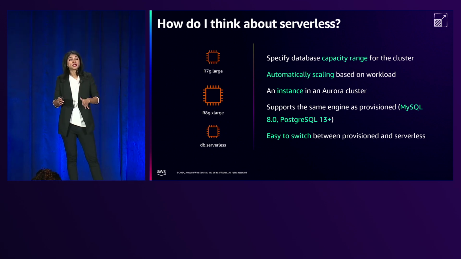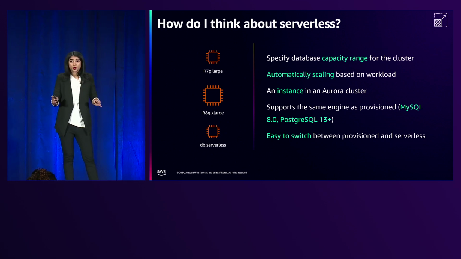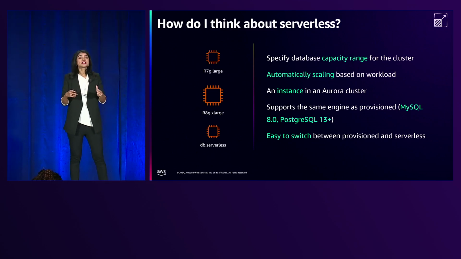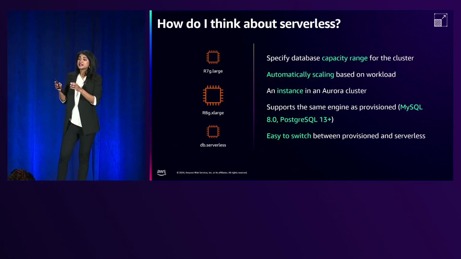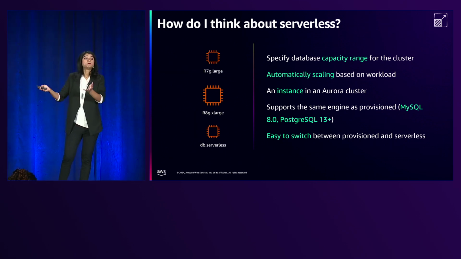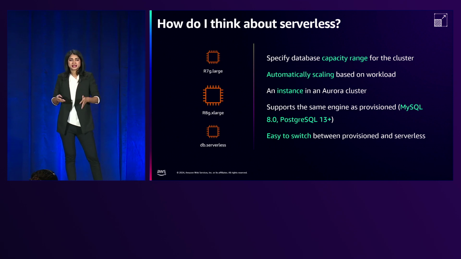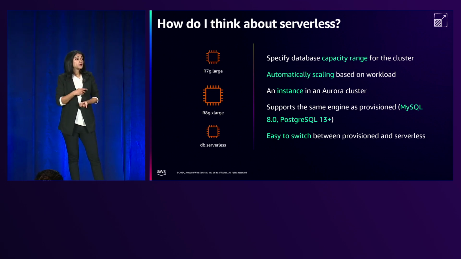Other than that, apart from this auto-scaling capability, everything else stays the same. So under the hood, we use the same engine code. We have the same security posture that you get with regular provisioned Aurora. The additional goodness that you get with serverless is the auto-scaling capability that we build on top of these instances. And in terms of engine support, for MySQL, anything onwards of MySQL 8, for Postgres, upwards of Postgres 13 is supported.